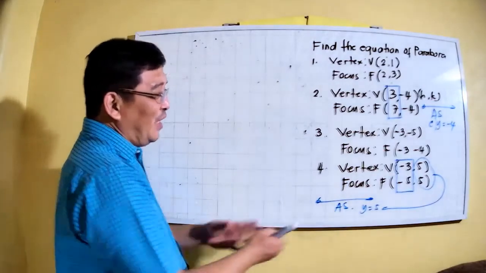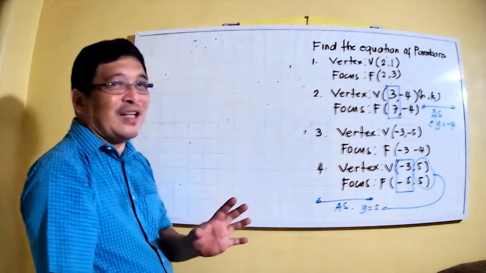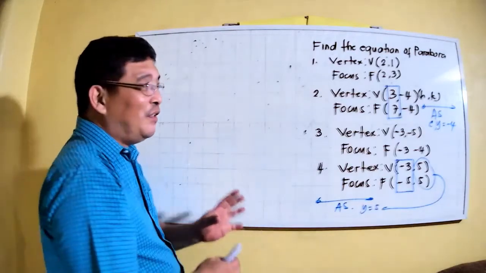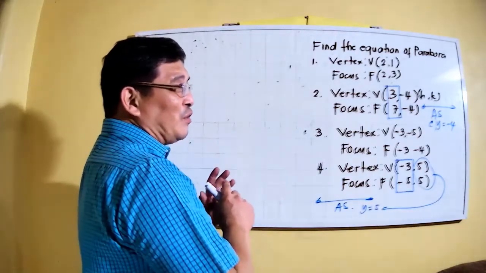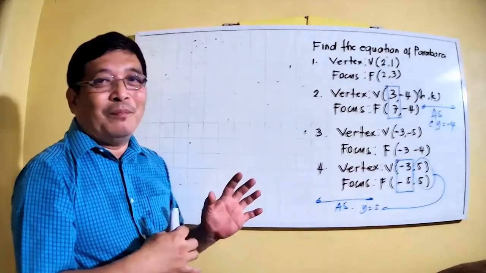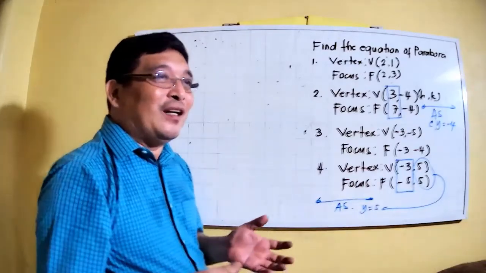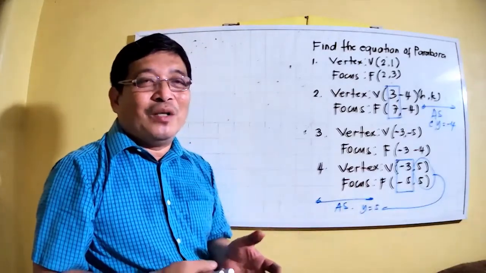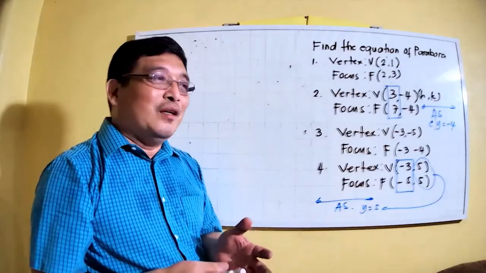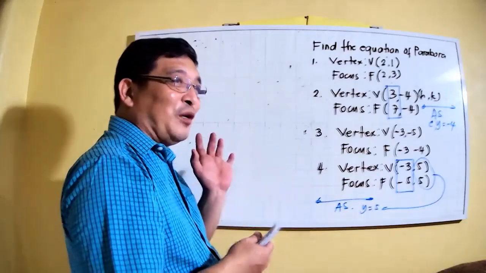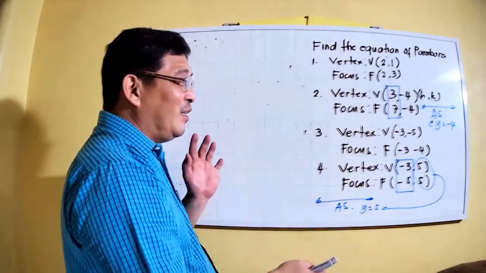And then, dahil horizontal yung axis of symmetry niya, it's either the parabola opens to the right or opens to the left. Ang hahanapin na lang natin again is the value of C, whether it is positive or negative. Pag negative, to the left. Pag positive, to the right.